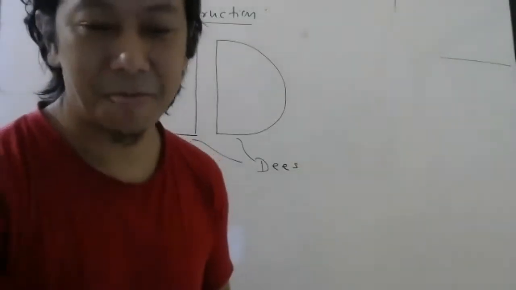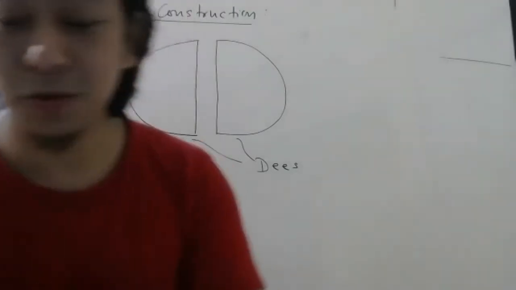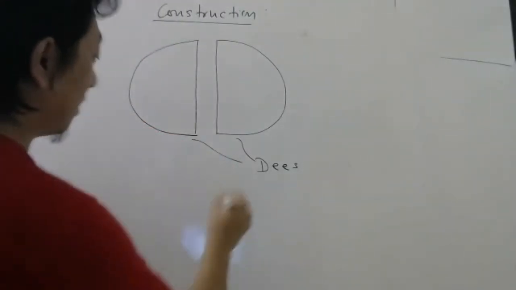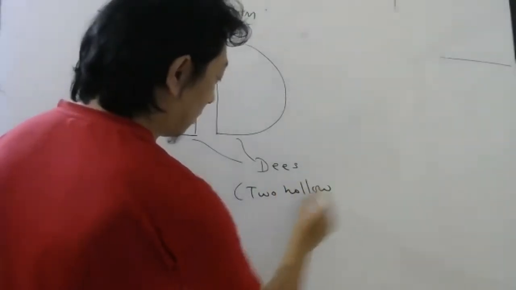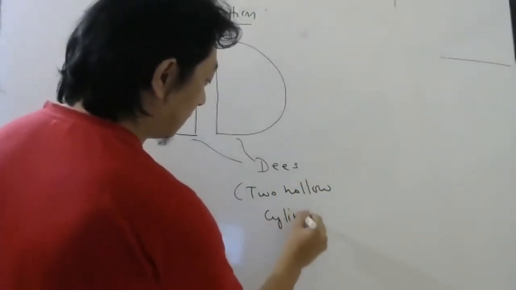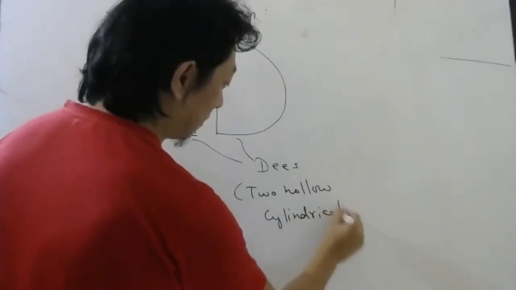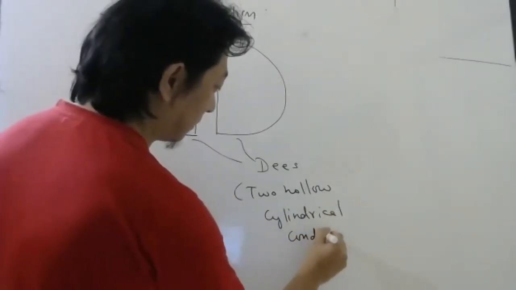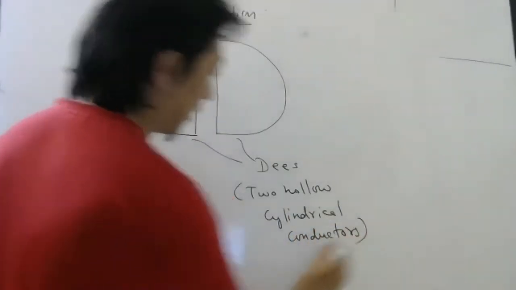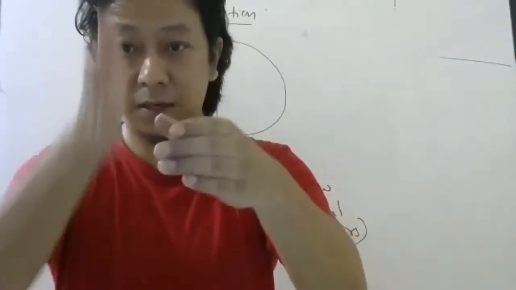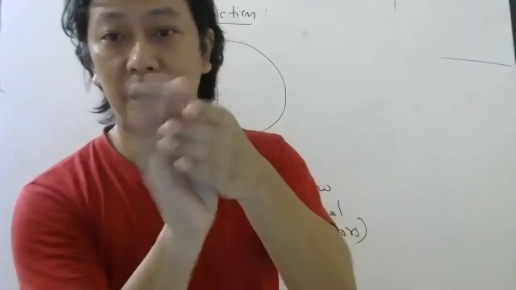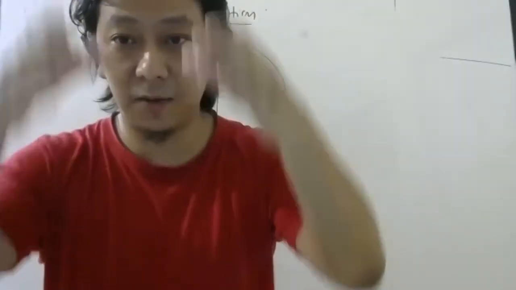So these are basically two hollow cylindrical conductors. Cylindrical, like this. So it will be like this, but it will be cut like this, and inside part will be hollow. Inside nothing will be there.